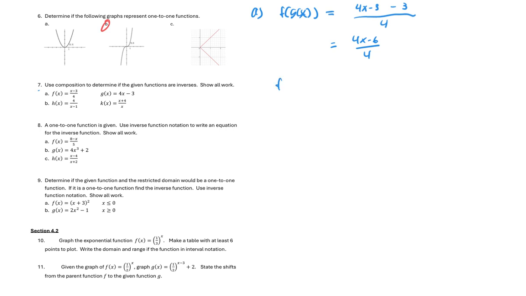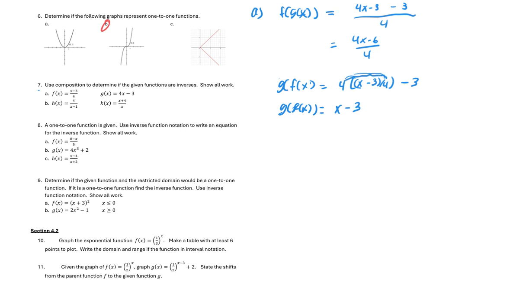And then we will compare g of f of x, which will be 4 times x minus 3, all divided by 4, minus 3. g of f of x is equal to x minus 3 whenever we distribute.